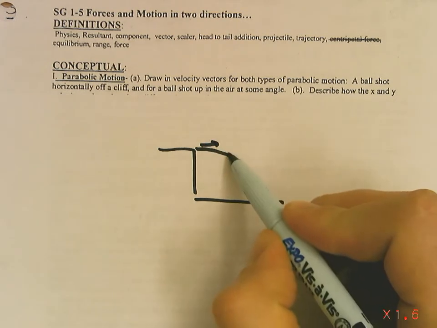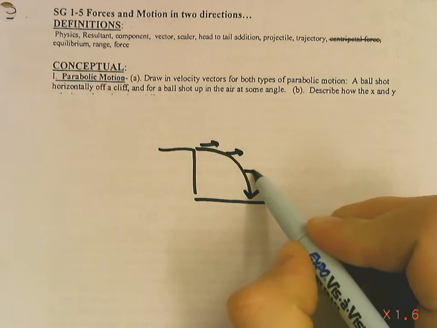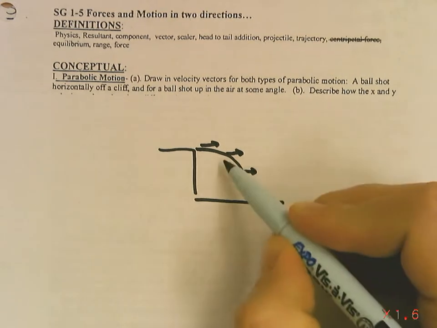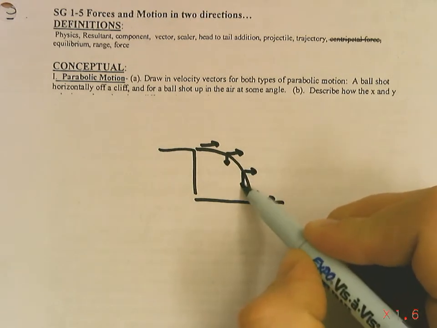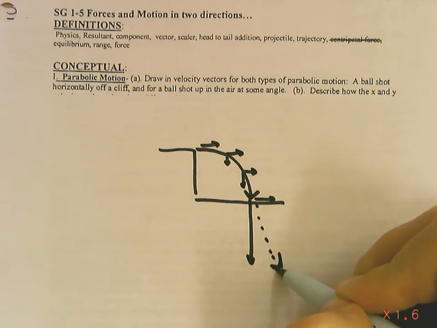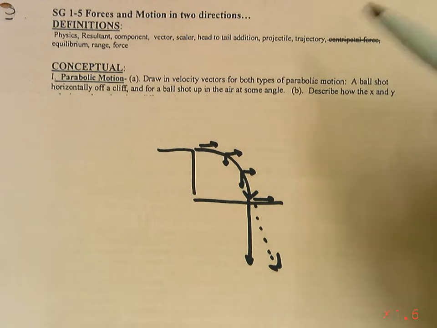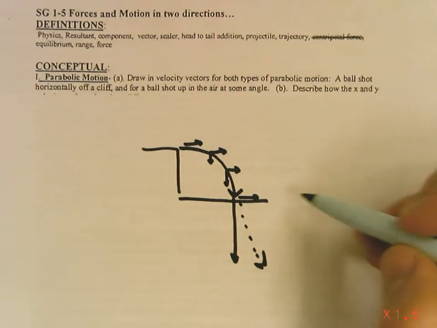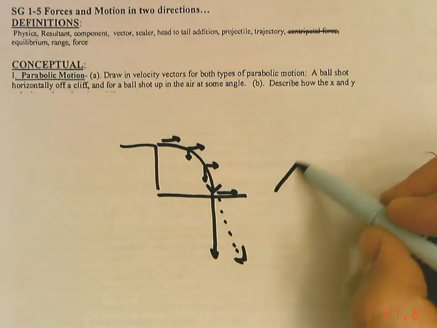The thing you want to remember is that the x stays constant while the y grows in shape and size. We end up with the overall larger velocity when it lands, or the resultant. Something launched at an angle looks more like this.